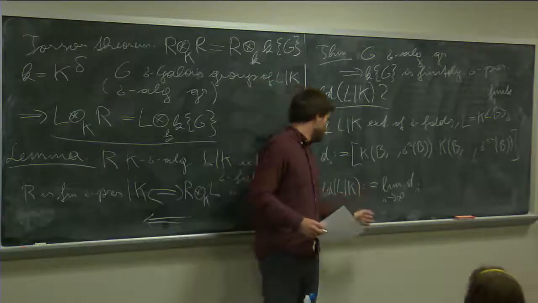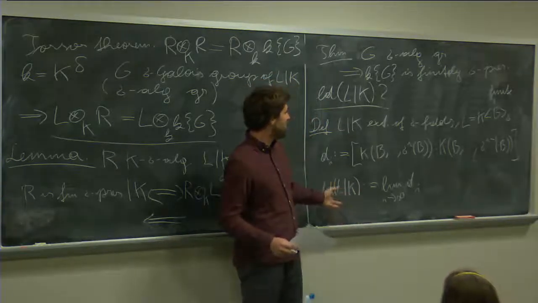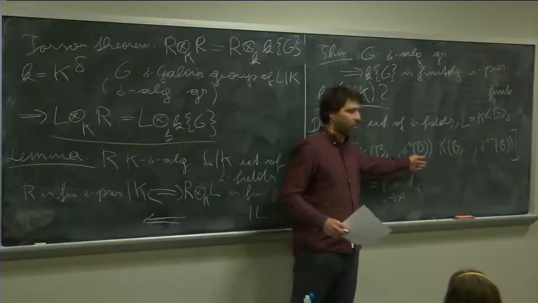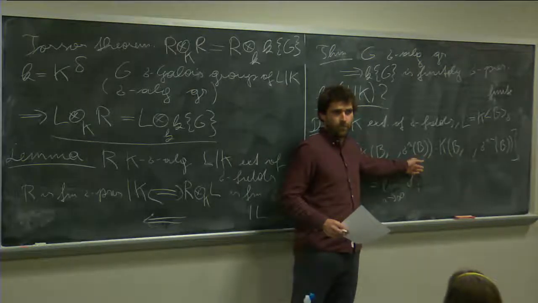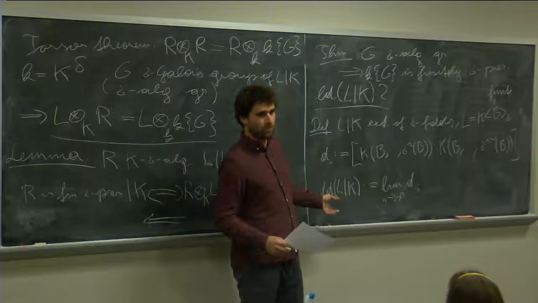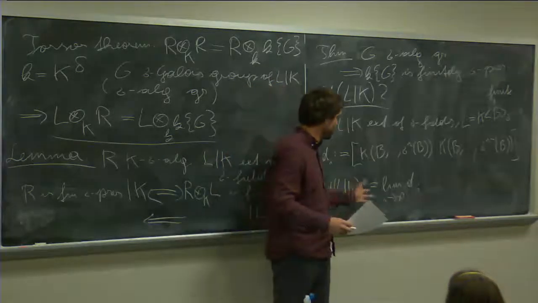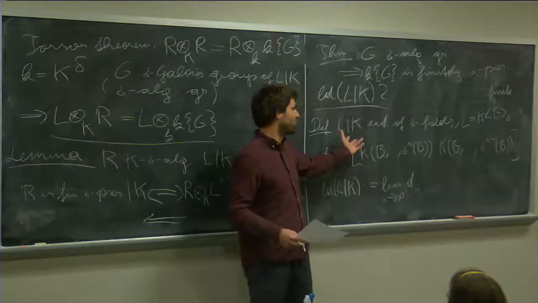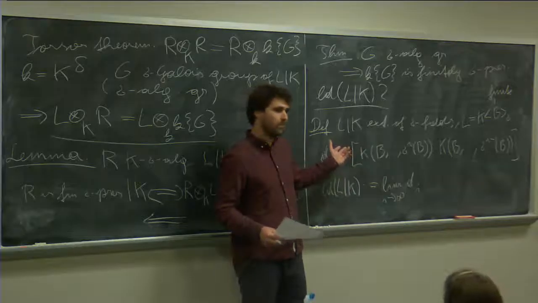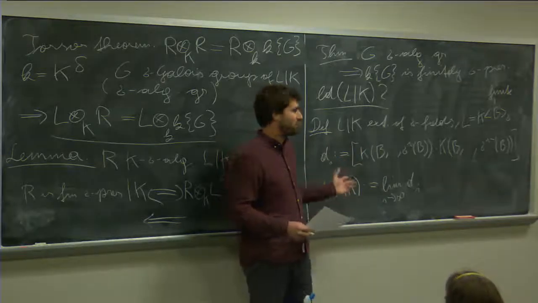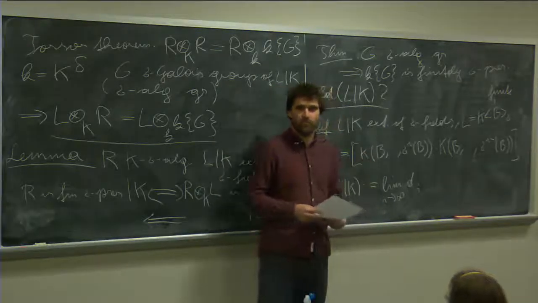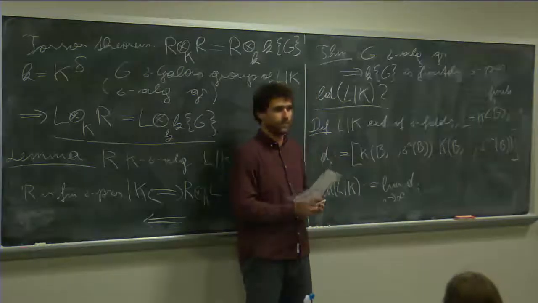And then you can also show that this limit is independent of the choice of B. And this is called the limit degree. It, in some sense, is a measure for the size of the extension. But it's an important invariant for extensions of difference fields.